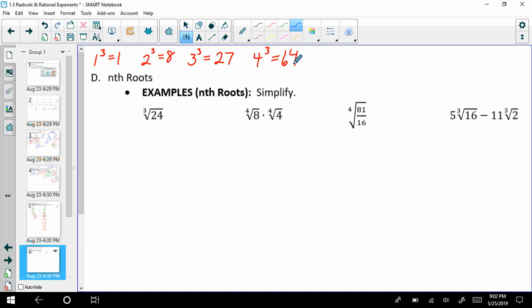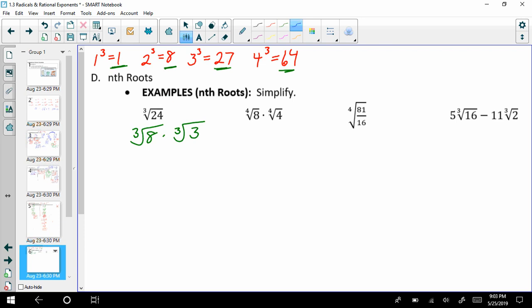It's the same process we were doing with the squares, just cubes. So 24 is not a perfect cube. It's not in my list. But is there one of these perfect cubes that will divide into 24? Yes, 8. So I could break this up into the cube root of 8 and the cubed root of 3 because 8 times 3 is 24.